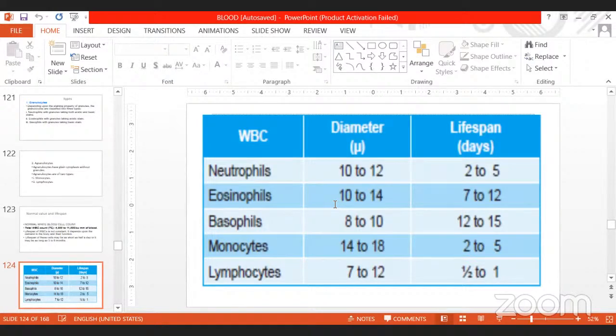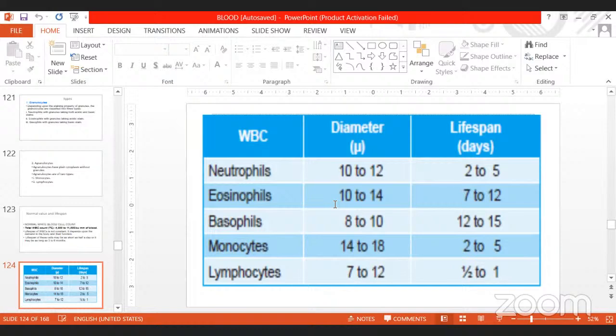Basophils are 8 to 10 micron in diameter, with an average lifespan of around 12 to 15 days. Monocyte diameter is around 14 to 18 micron. These are the largest WBCs in the blood, with a lifespan of around 2 to 5 days.